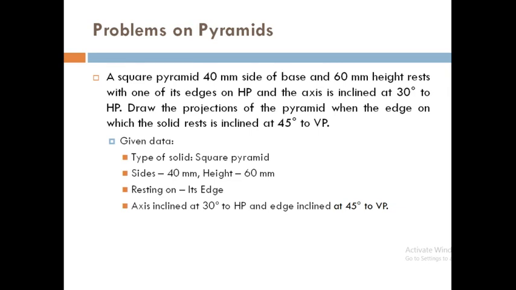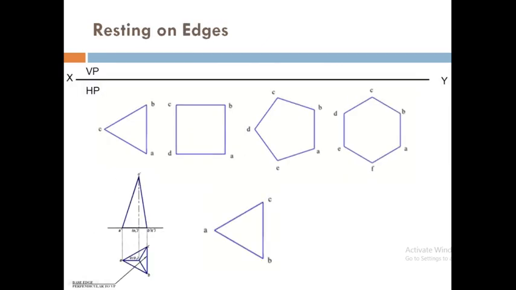Here the given data is: the type of solid is a square pyramid, the side length is 40 mm, the height is 60 mm, and it's resting on one of its edges. For a square pyramid resting on an edge, the initial position in the top view will be like this. You can remember this template for all the problems.